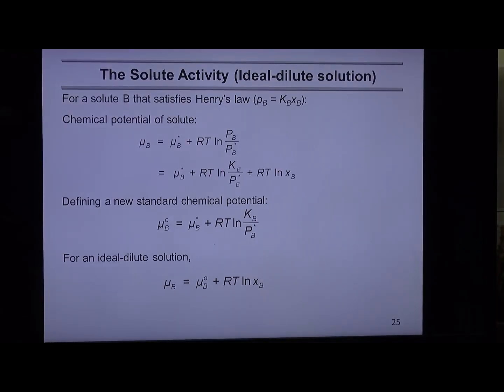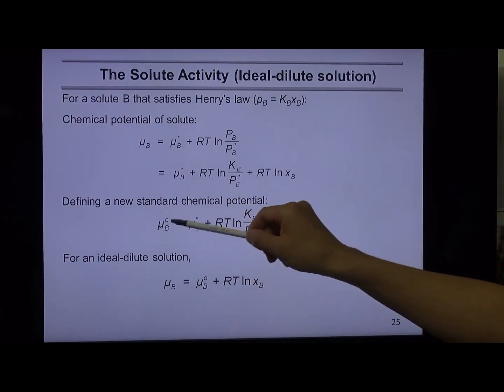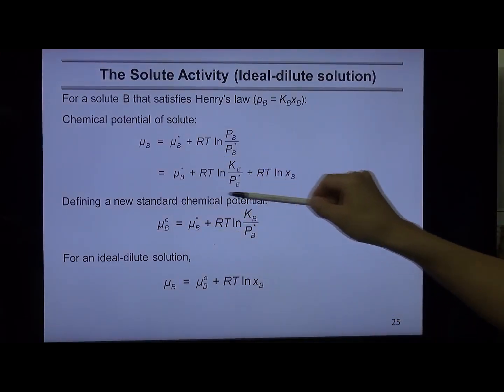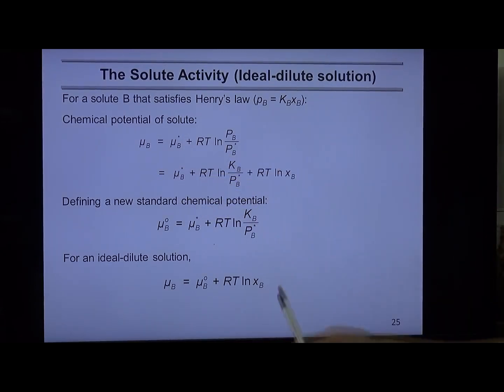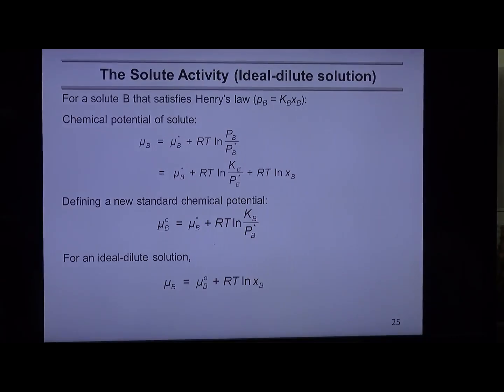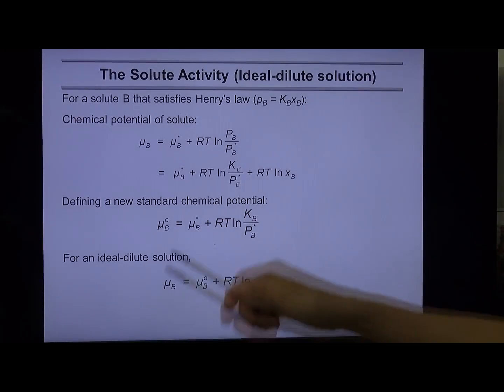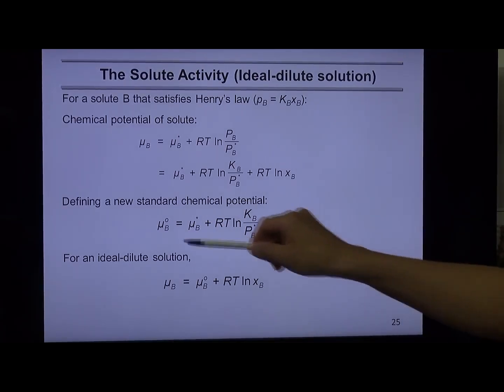And here we define a new standard chemical potential, mu B naught, as these two terms. This new chemical potential is not the same as the standard chemical potential we have encountered before. We just simply define it.